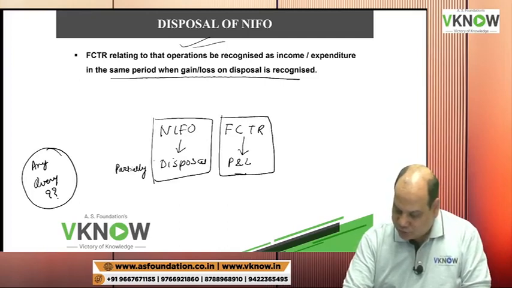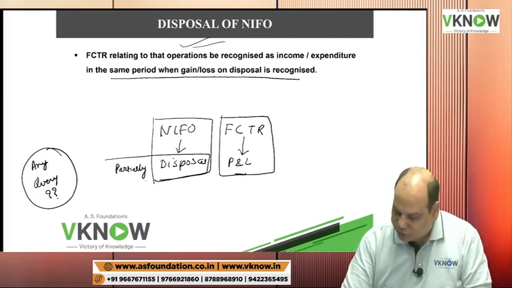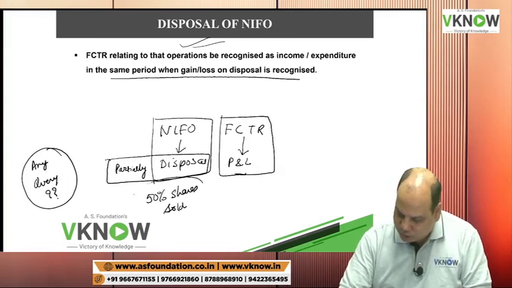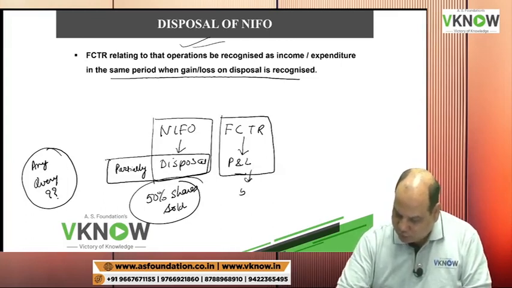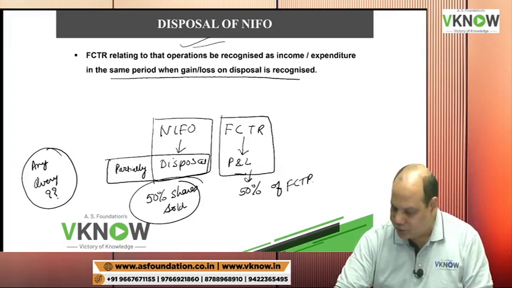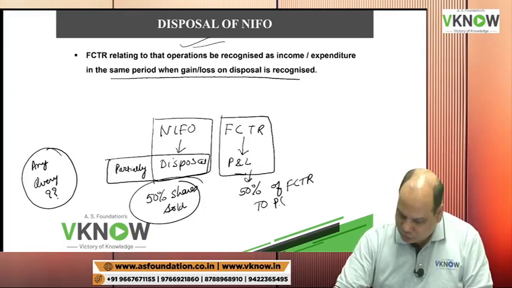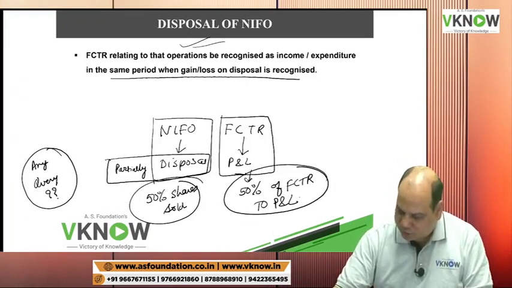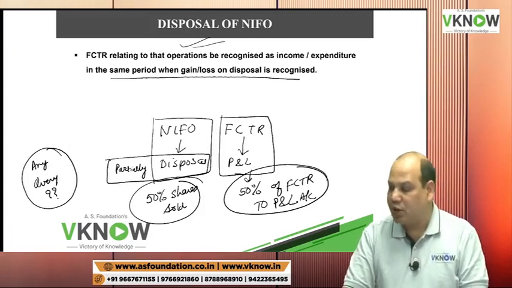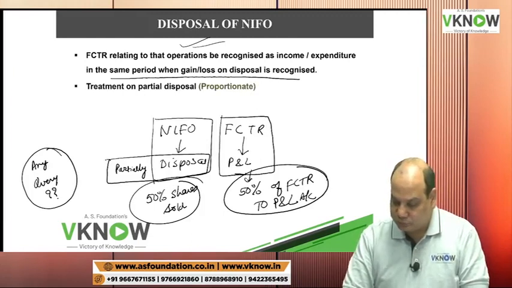If NIFO is partially disposed, let us say only 50% shares are sold, then I will only transfer 50% of FCTR to P&L account.